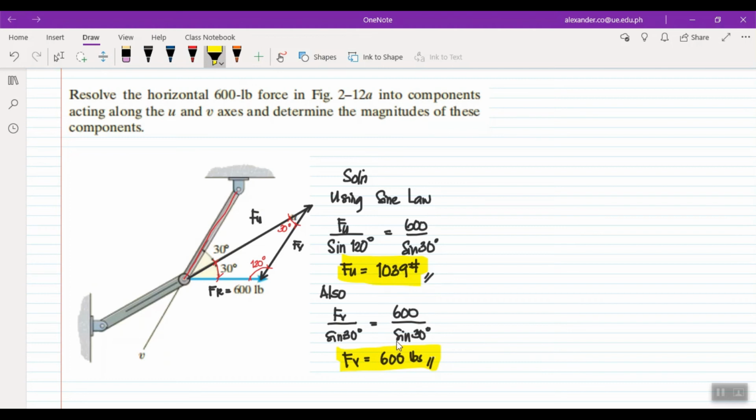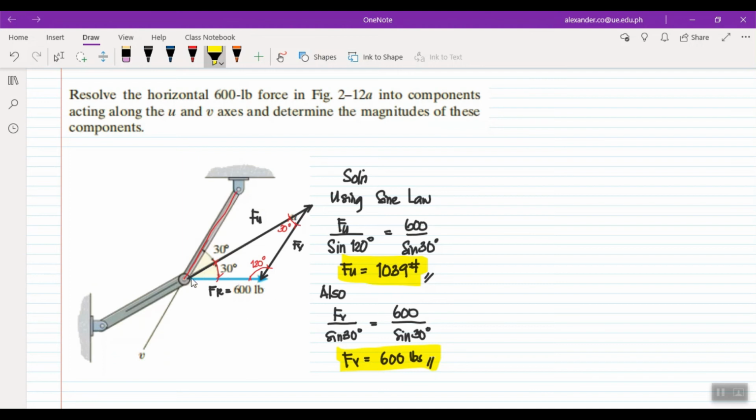Hindi imposible na yung resultant mo ay mas maliit dun sa individual component, no? Mas malaki pa yung Fu dito, 1,039 compared to 600. So, hindi yan imposible. Pwedeng mangyari yan.